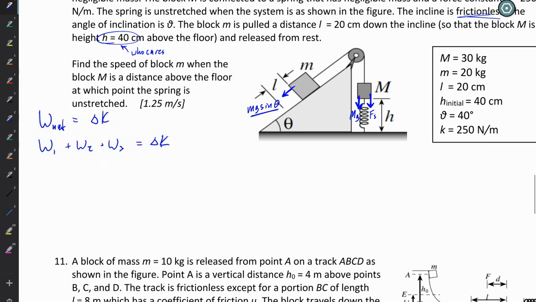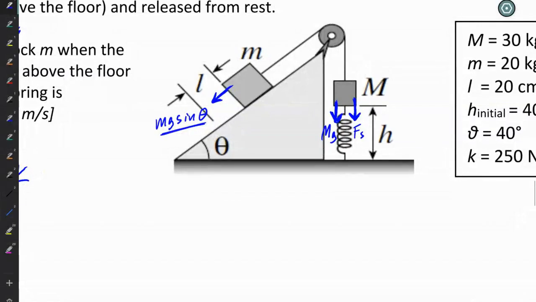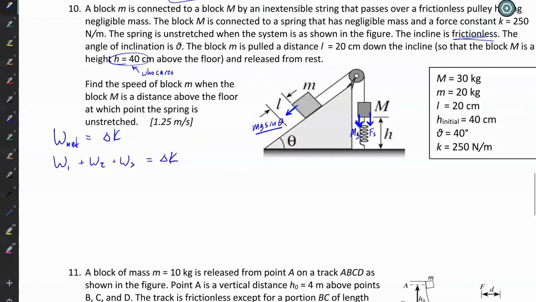So the work done by the big Mg, well, that's pretty easy because Mg is a force. So we've got a force and we need a displacement. Since block M is pulled 20 centimeters down the incline, basically what we're going to do is load this thing up: we are pulling mass 1 backwards, pulling it down the incline, and then letting it go.